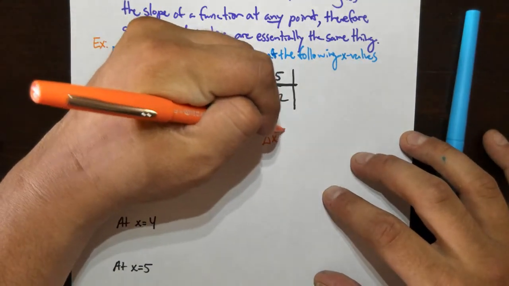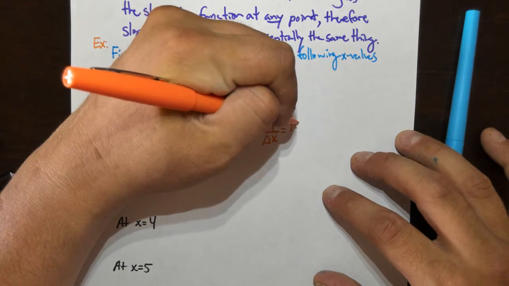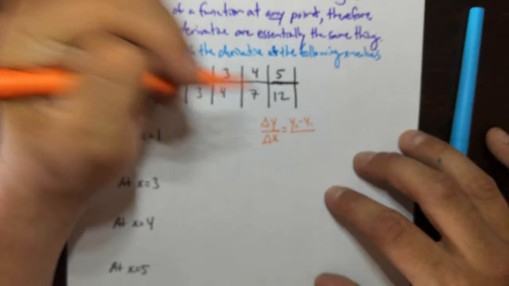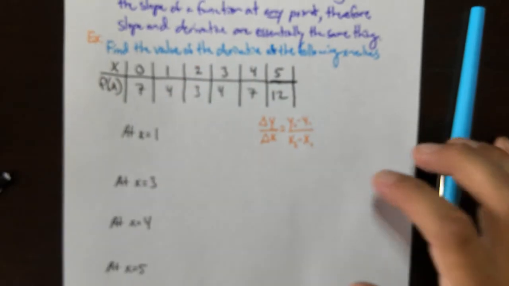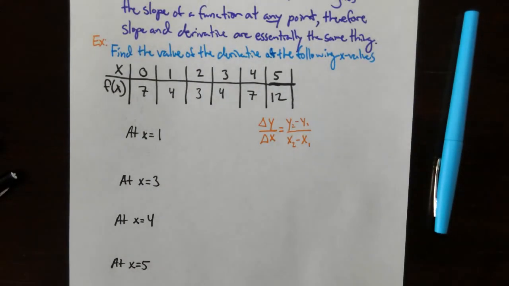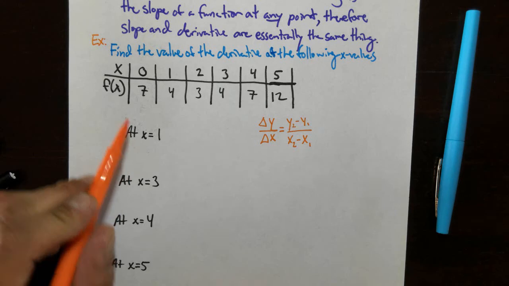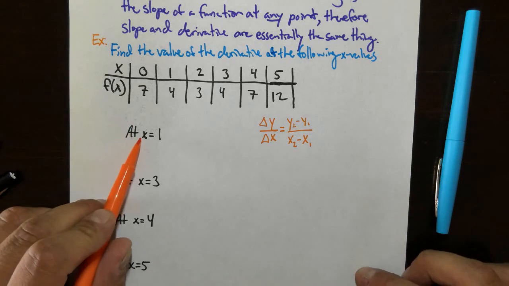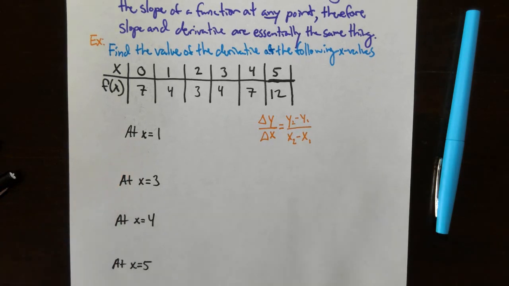So if you like formulas, it's y2 minus y1 over x2 minus x1, where x1, y1 is a point, and x2, y2 is a point. So basically all we want to do is look at the points around the given point, and we can approximate the slope, or approximate the derivative value.